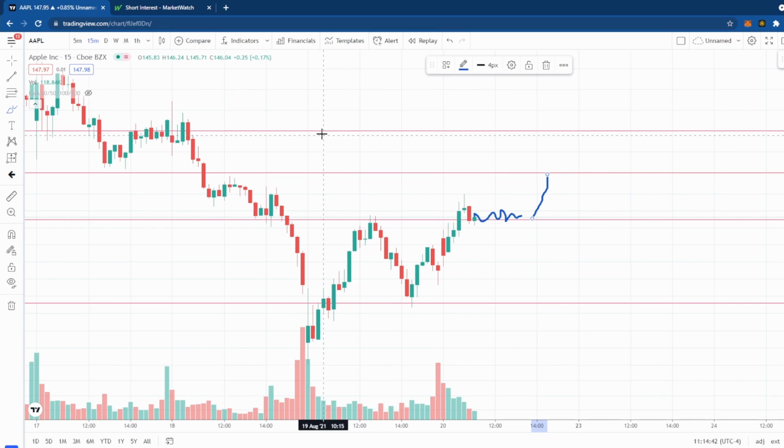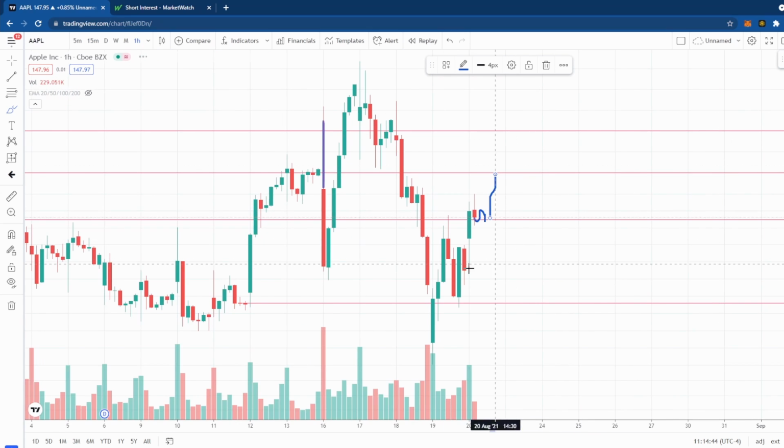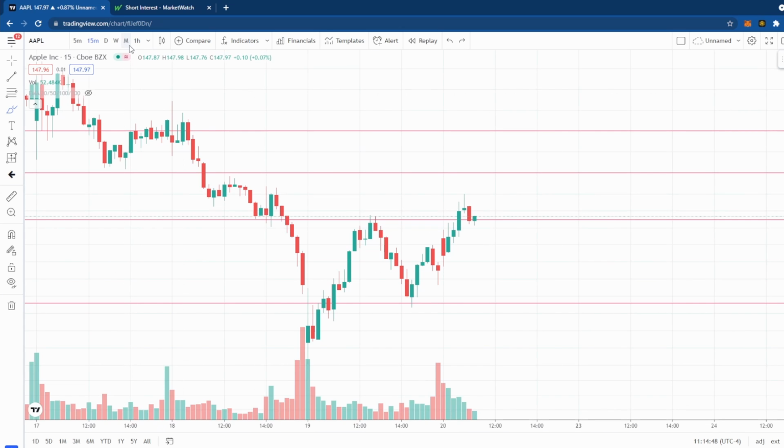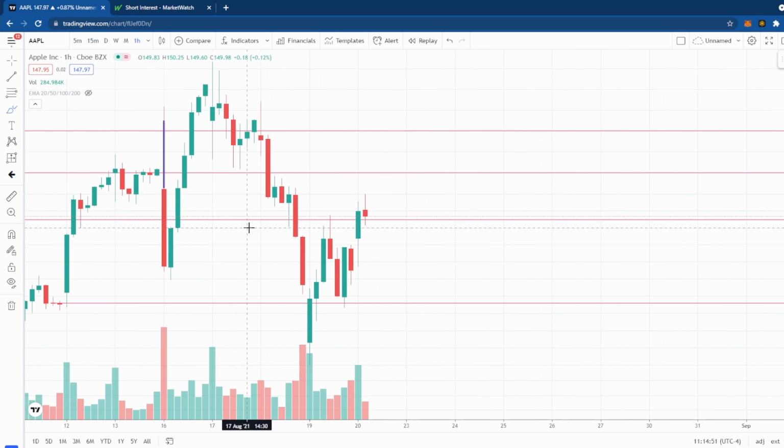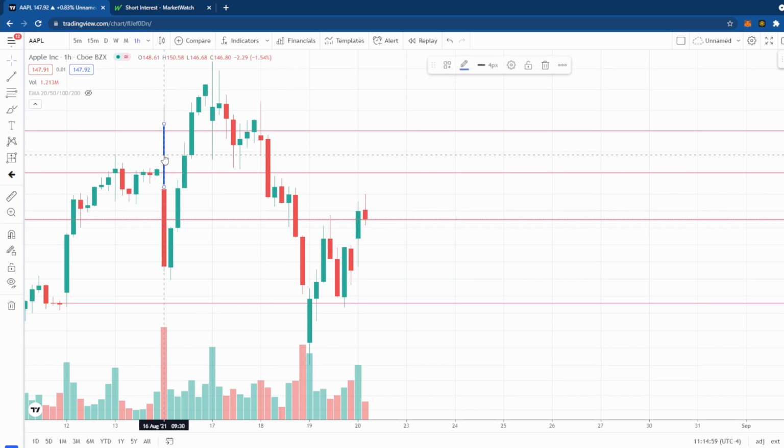And then if we go on to the hourly chart, let's see what we have here. So yeah, this is a really good example. Let me just remove this. And you can see we traded. If I didn't flip it to the hourly chart, I was just happy with my $1 gain.